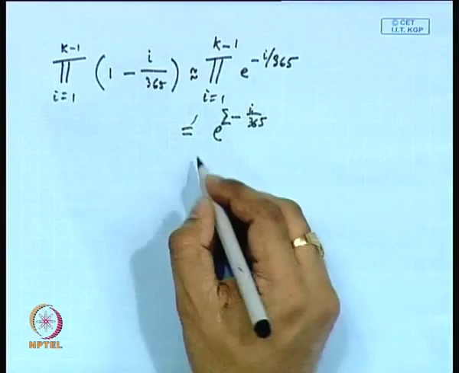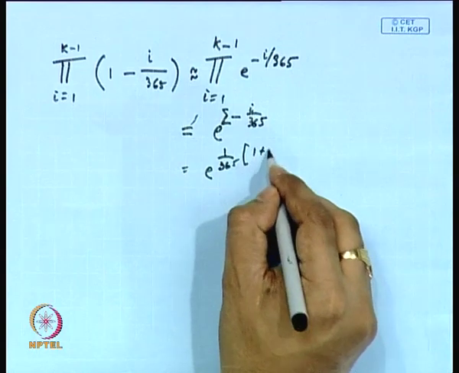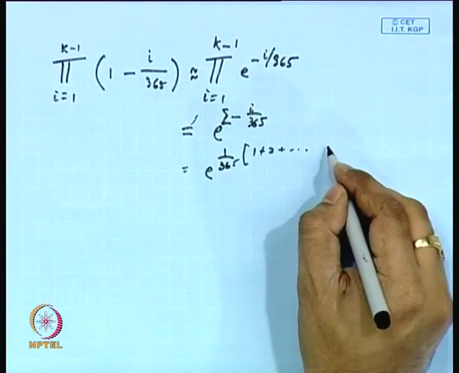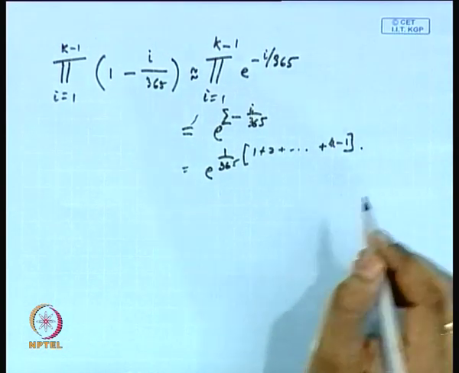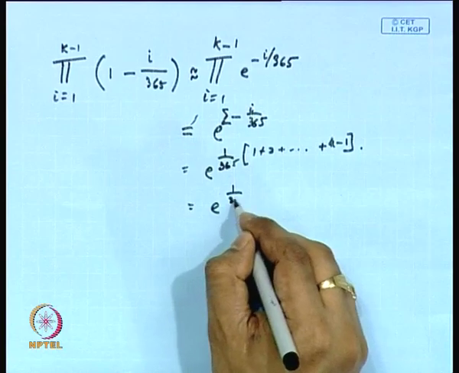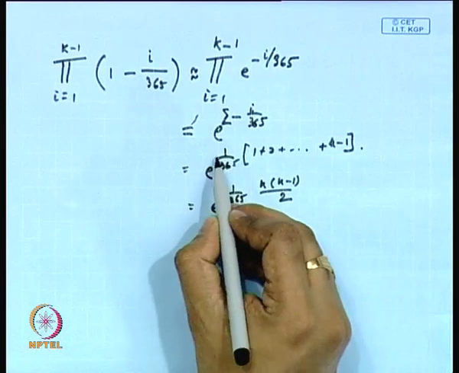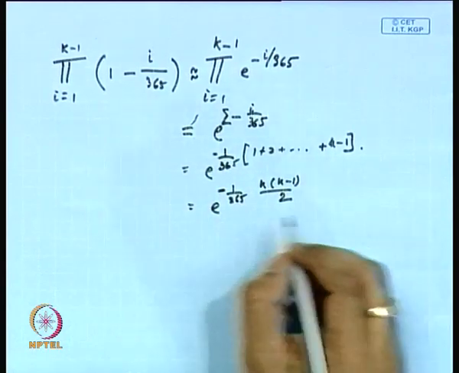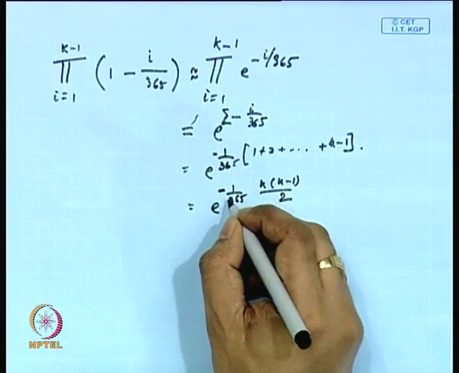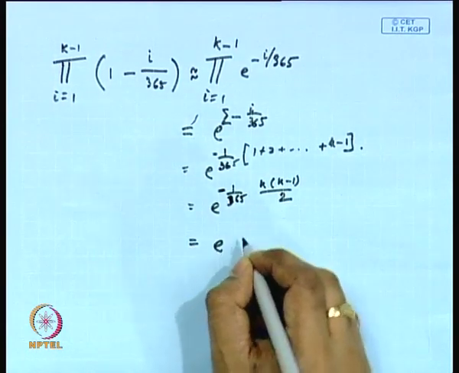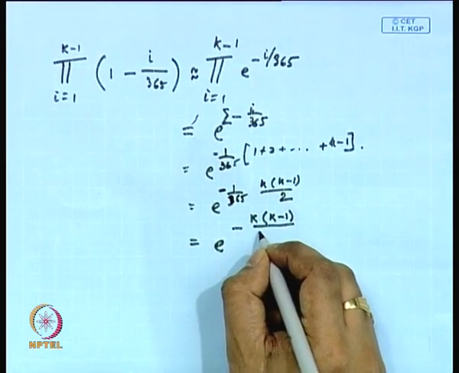Taking 1 by 365 common, we get 1 plus 2 plus and so on till k minus 1, which is (k minus 1) into k by 2. The minus comes out, so it is e to the power of minus 1 by 365 into k into (k minus 1) by 2, which is e to the power of minus k into (k minus 1) divided by 730.